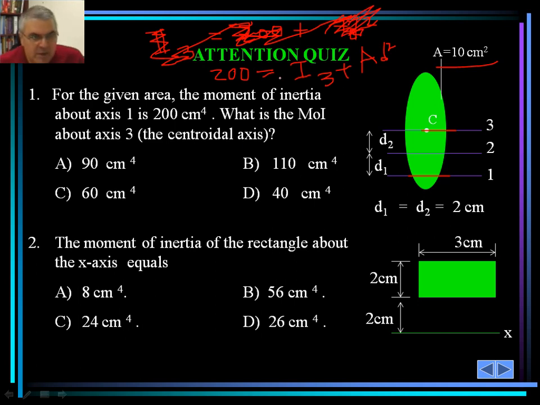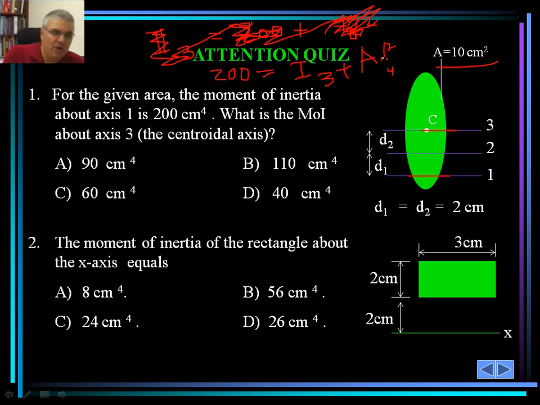So here, 200 would be I sub 3 plus A D squared, as A is given, and D is actually given. In this case, D would be the distance between 1 and 3, so it would be 2 plus 2, 4. So we square that, that'd be 16.